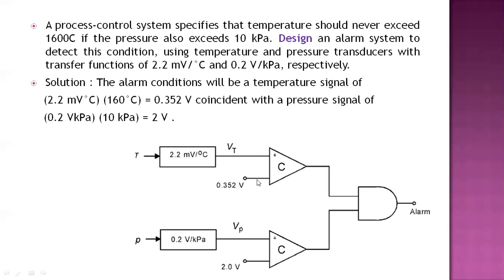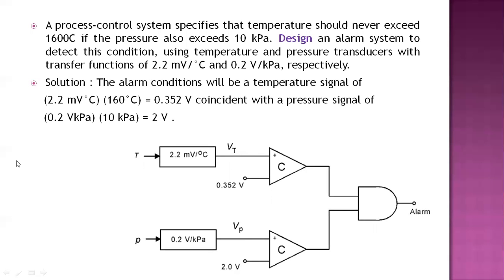Obviously the references are set accordingly, and the transducers are used to convert these into voltages. The voltage will be compared against the threshold or reference level for the temperature as well as the pressure, and if both conditions are true, coincident with the pressure signal of 2 volts, then the alarm will sound.